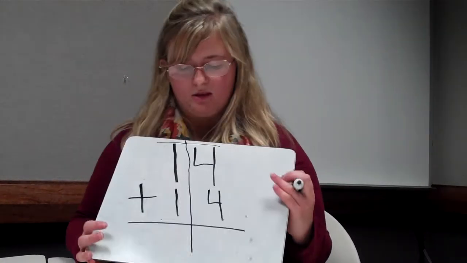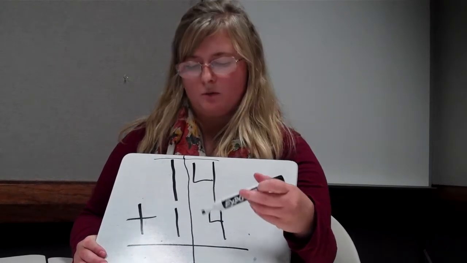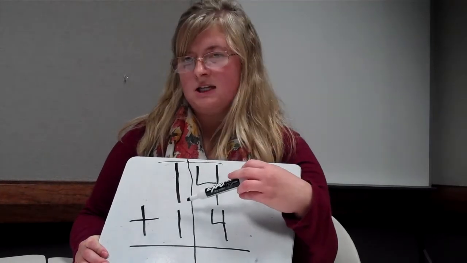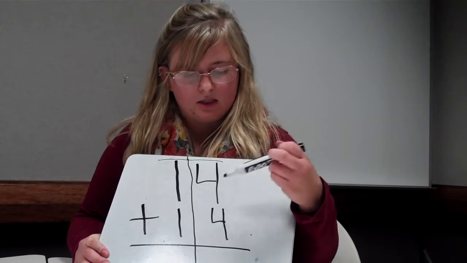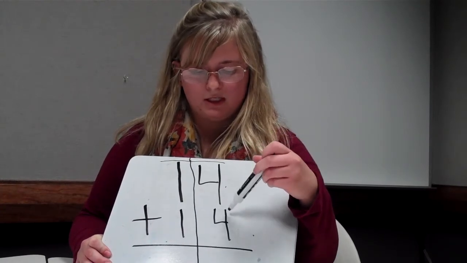Okay, so the first thing we're going to do, looking at this problem only, we're going to start at the ones place, and we're going to add both of these numbers together. And then we're going to go to the tens place, and we're going to add both of those numbers together. Okay, so let's start with the ones place. So we're going to add 4 plus 4.